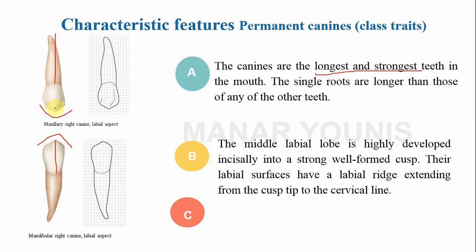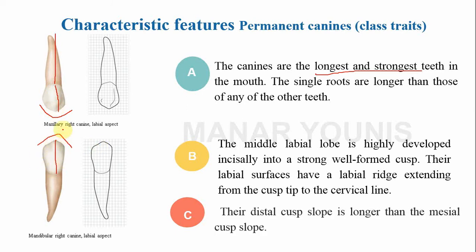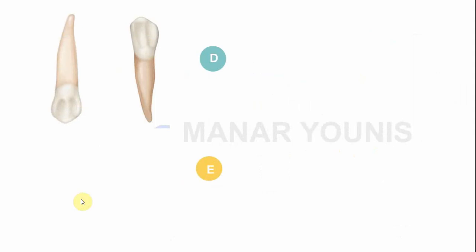Also, this development will provide an anatomical landmark called labial ridge extending from cervical line to cusp tip in the maxilla and in mandible. In addition, the distal slope of the cusp is usually longer than the mesial slope for both maxillary and mandibular canine, so the distal slope is longer than the mesial slope.